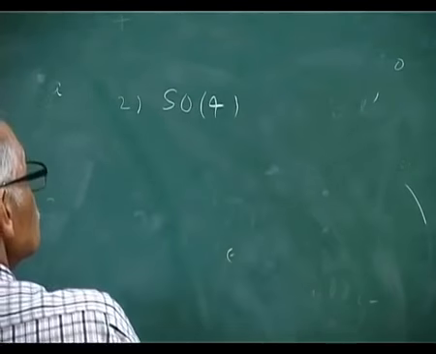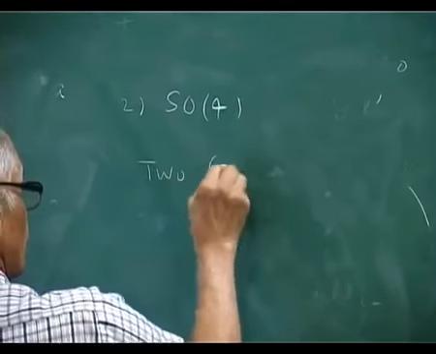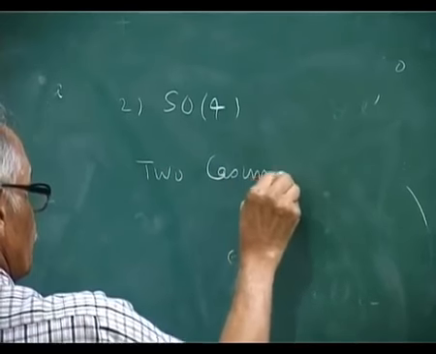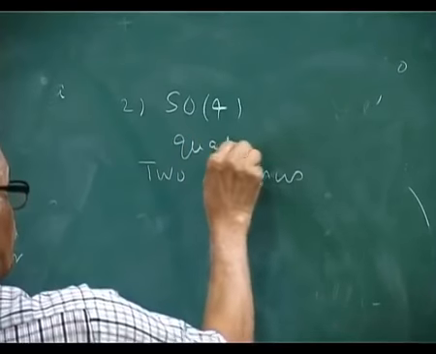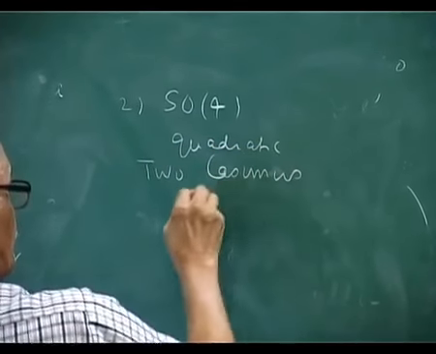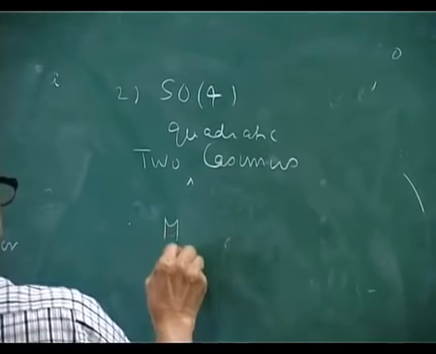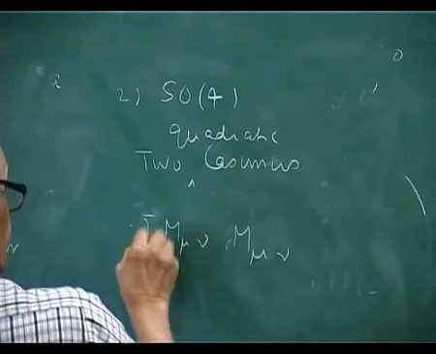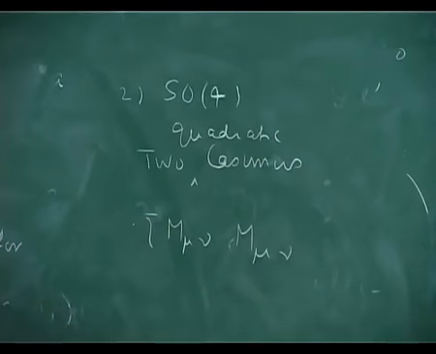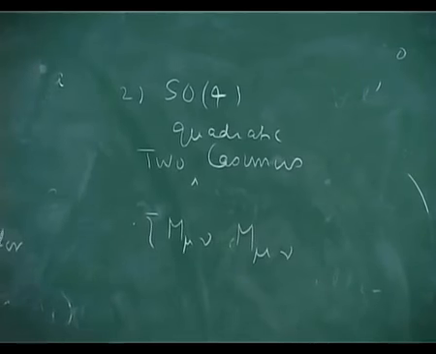There are two quadratic Casimirs. What are they? One is M_{μν} M^{μν}, summed, where μ and ν transform like 4-vectors.